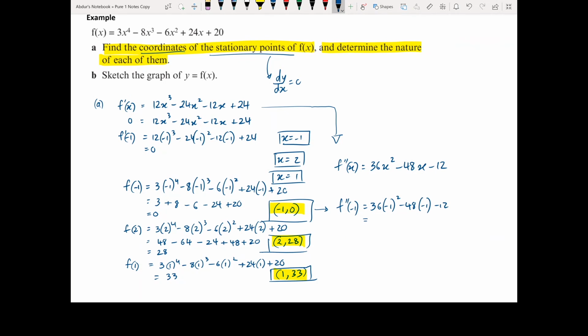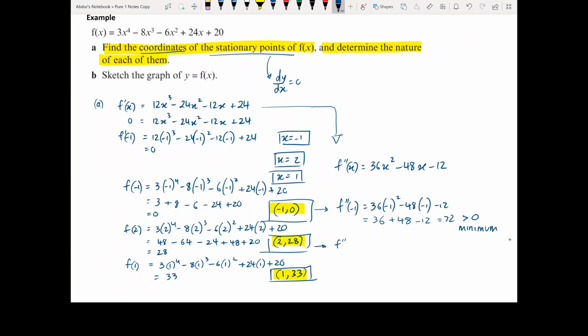This gives us 36 plus 48 minus 12, which is equal to 72. This is greater than 0. Therefore, our second derivative greater than 0 indicates that we have a minimum at this point.